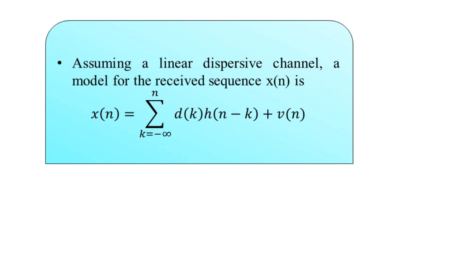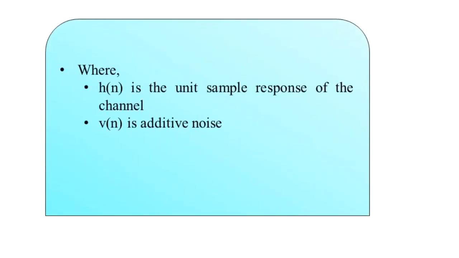In this expression, h of n represents the unit sample response of the channel, whereas v of n, the right hand extreme term, is the additive noise. Now, when we have the received sequence x of n, the receiver will decide whether a pulse of positive one or minus one is to be generated at time n.